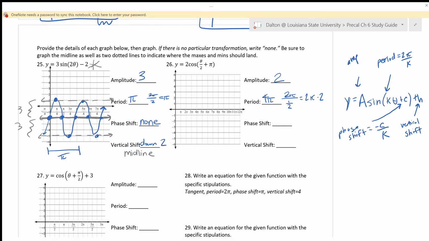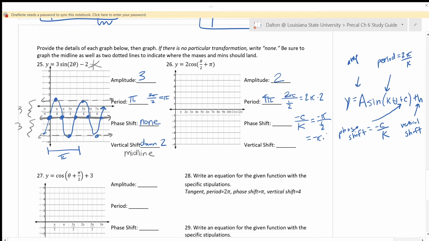Phase shift is found by doing negative c over k. So again, I have my c value is pi. So it's going to be negative pi over the k value, which is 1/2. So again, you may want to, I'm running out of space, you may want to do negative pi times 2/1 instead of dividing by 1/2.